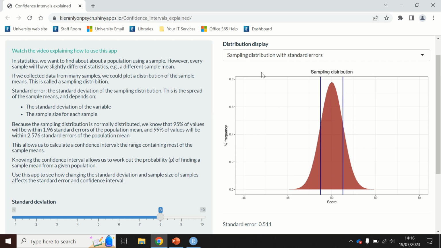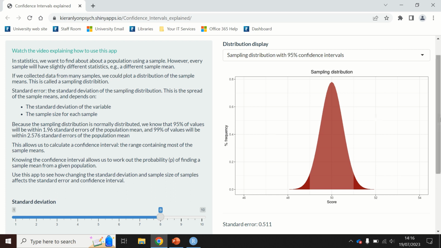Well, the thing is that on the sampling distribution, we know that 95% of the data points will be within 1.96 standard errors from the mean.